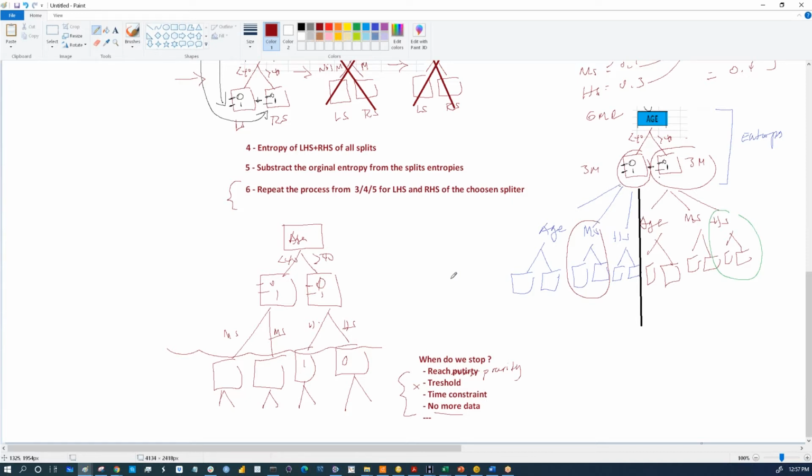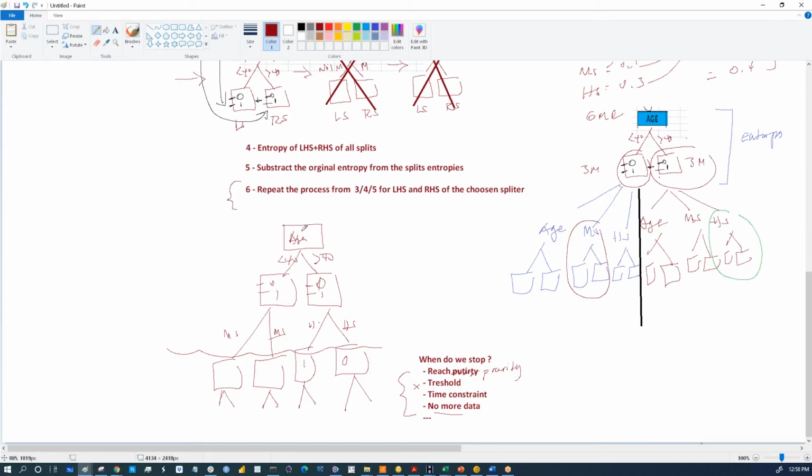Okay, any questions, concerns about how a decision tree works? I have a couple of questions. I know steps 4, 5, 6 we are repeating. If we go to the second level, is the calculation again from the entire data set, or from the age?